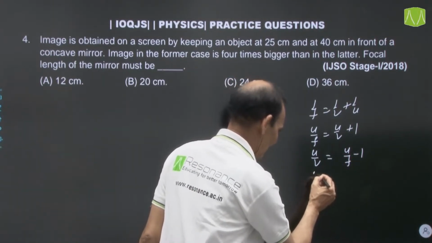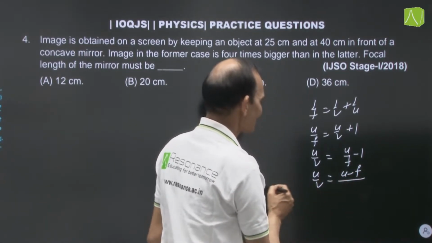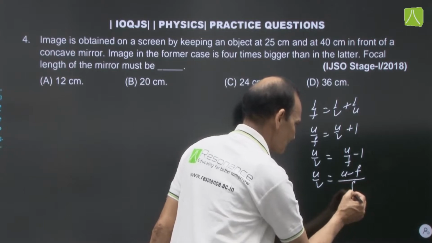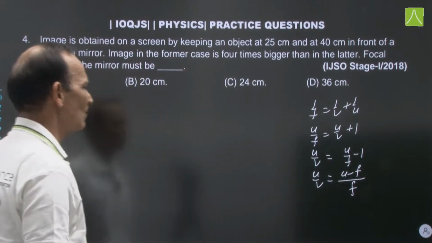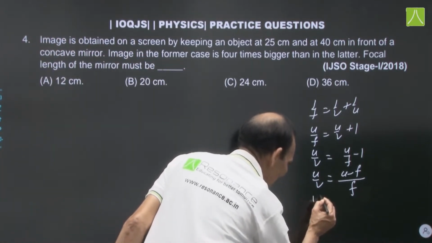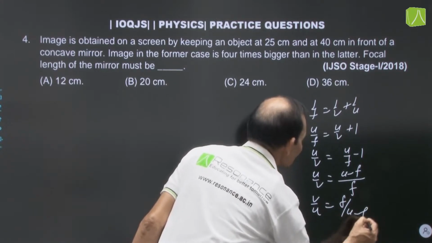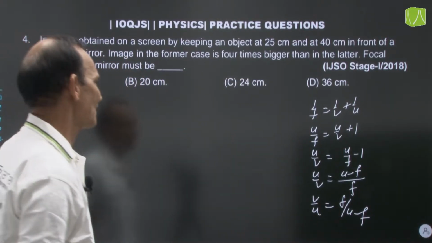So u upon v is u minus f divided by f. Is it clear? We want to find v upon u. It's the magnification: f upon u minus f. Is it clear? It's important.